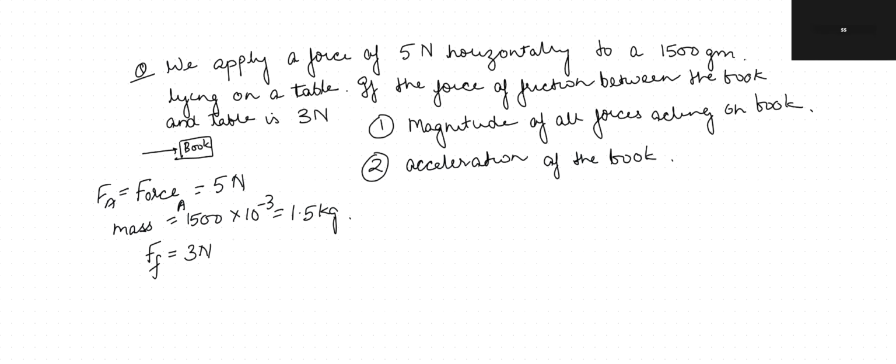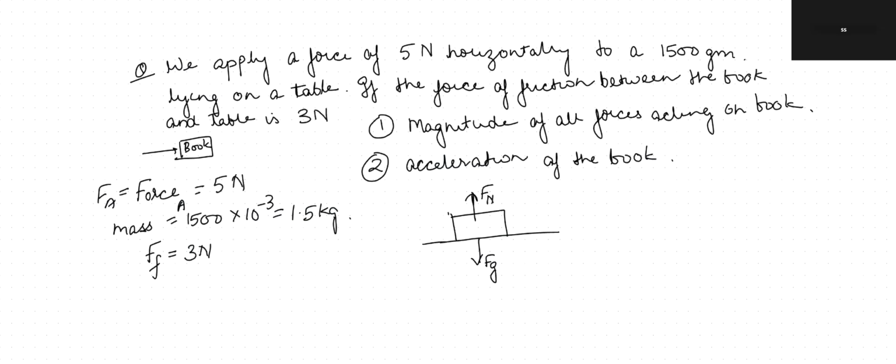Okay. So now if we draw the free body diagram, so this is a force of gravity which acts down because of the gravity, and there is a normal force which is a contact force due to the surface, which is Fn.